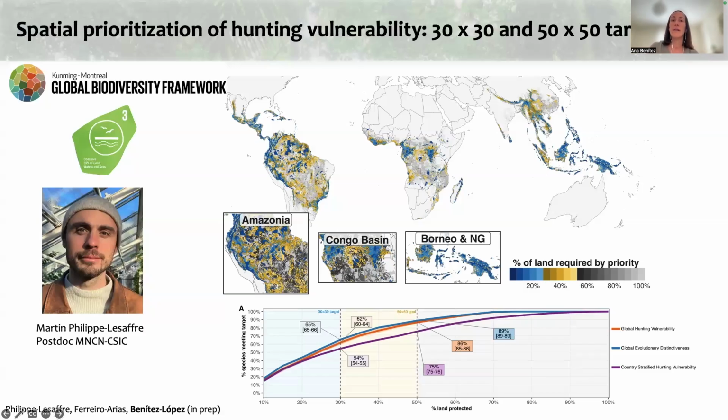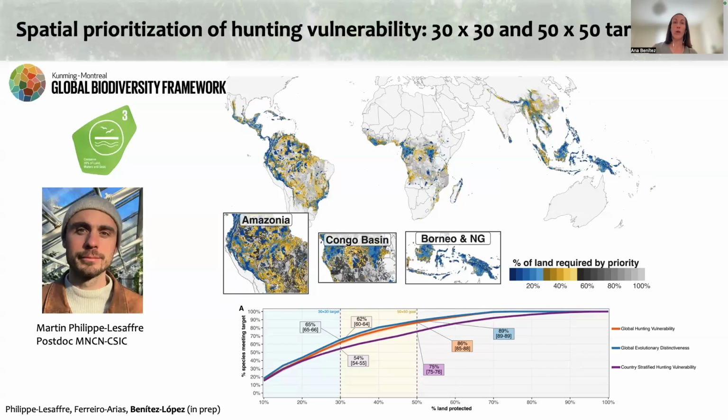We see that if we are able to protect up to 30% of the land in the tropics, that would bring up to 60 or 62% of mammal species out of a threatened category. And if we keep increasing the amount of land protected, we could end up having almost 90% of the mammal and bird species outside of a threatened status.